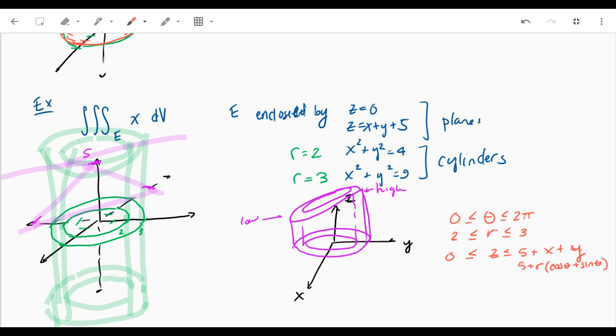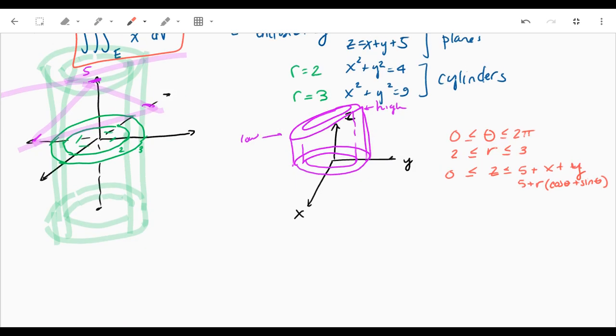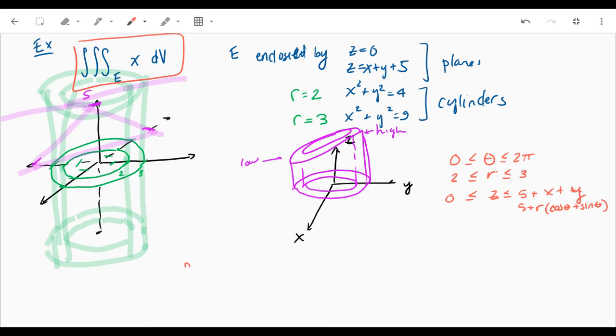All right, so now go back to our integral, and we're just going to swap everything that we need out of there. So we will have the integral from 0 to 2 pi, 2 to 3, 0 to 5 plus r cosine theta plus sine theta, and which means that we're going to have at the end dz, dr, d theta.